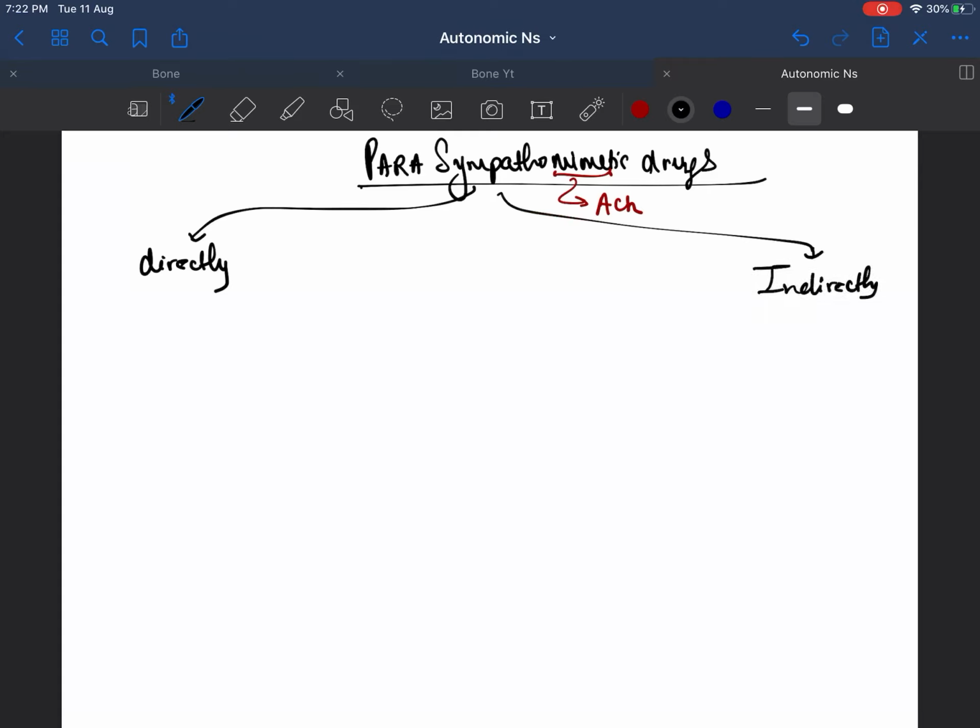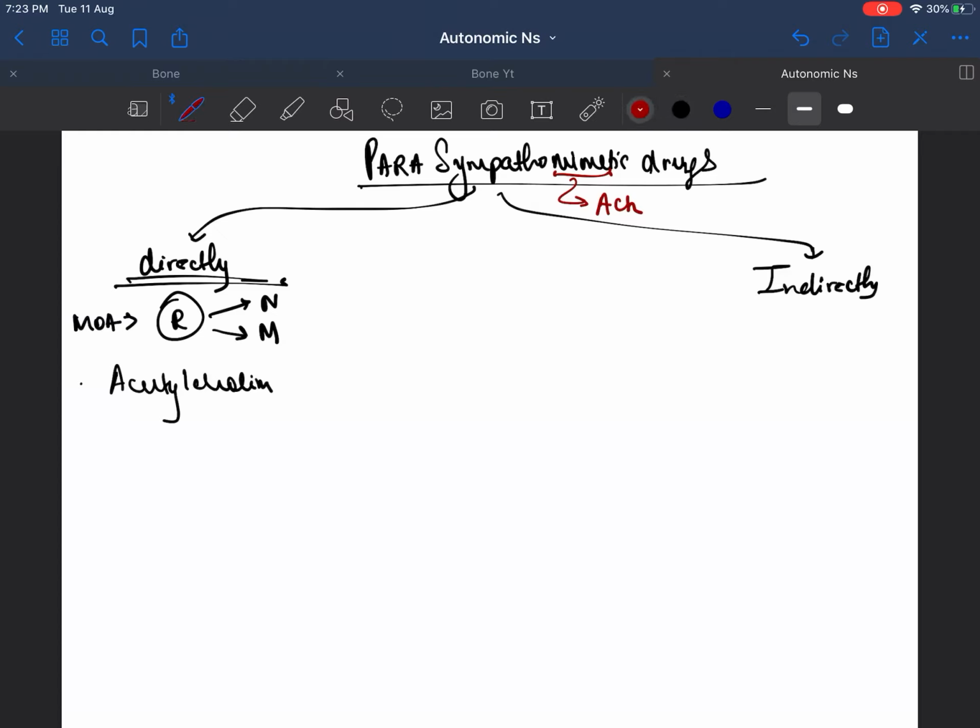So what is the mechanism of action of directly acting drugs? First we'll discuss this. The mechanism of action is that they directly stimulate what? The receptors. It can be either your nicotinic receptor or muscarinic receptor. So what are the names of the drugs? It is very easy to understand the first drug being acetylcholine itself. So let's discuss this here.